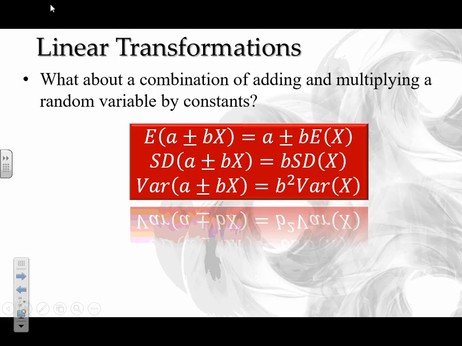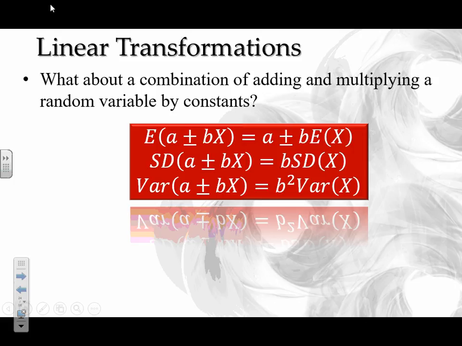You multiply the old mean and then add or subtract the constant. Standard deviation, however, only gets multiplied by the new constant. So the plus or minus on the other constant doesn't change standard deviation.